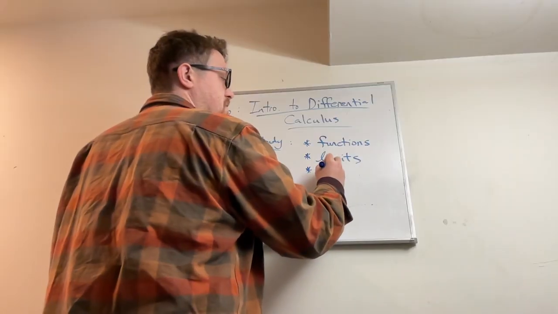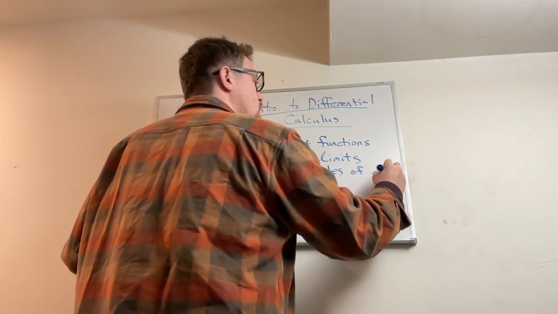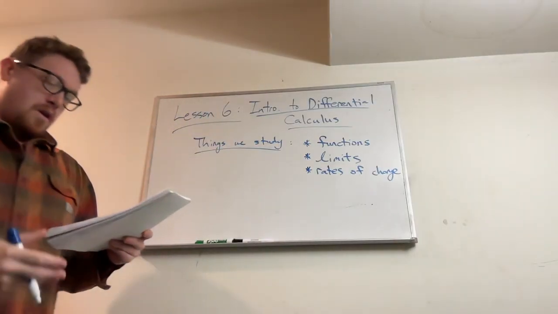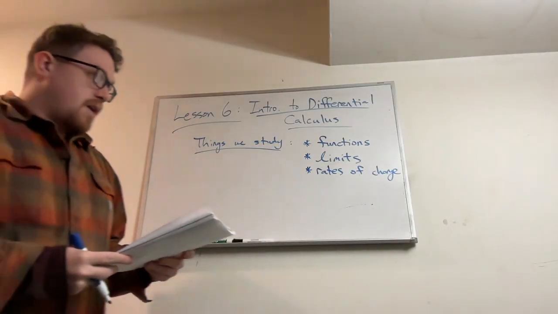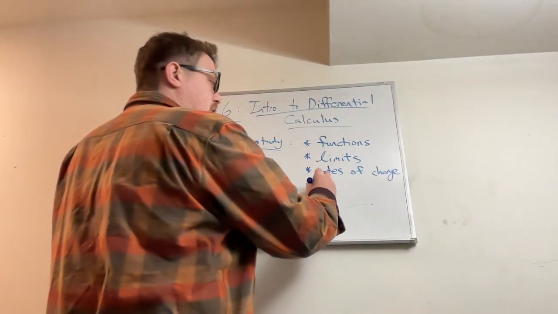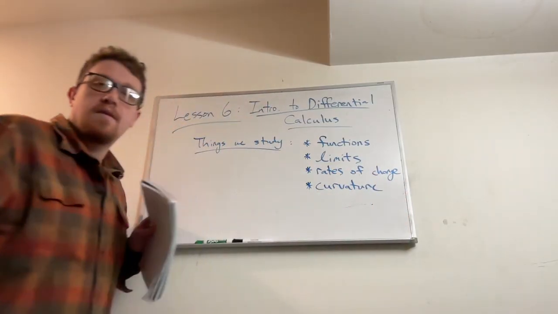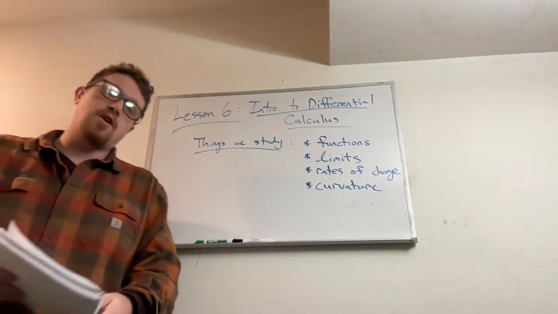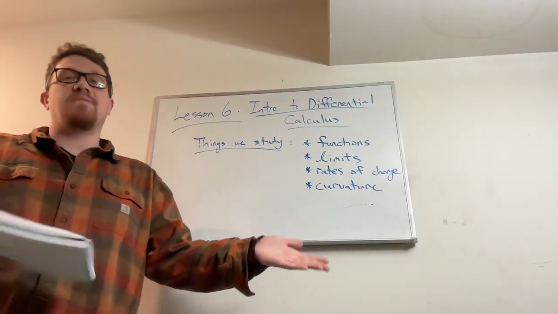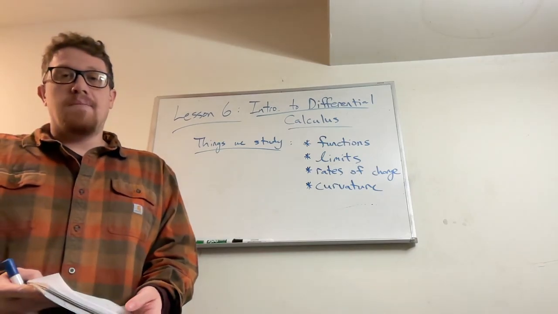I'll just say rates of change. Rates of change, and then I wrote down a couple extra that might come up later, which is like the curvature of a function, or curvature of a one-dimensional manifold, I guess you could say. There's a lot of different ways of expressing it.